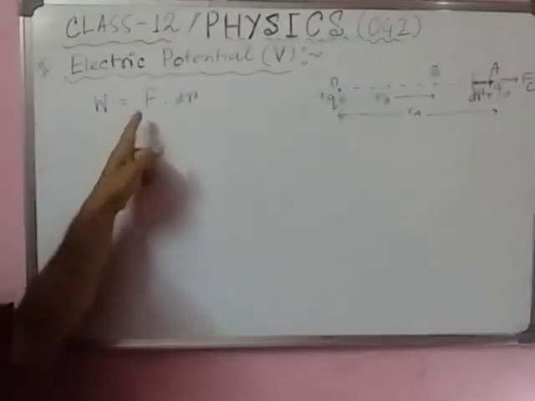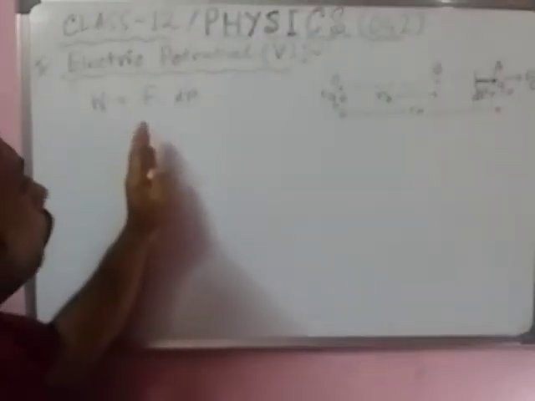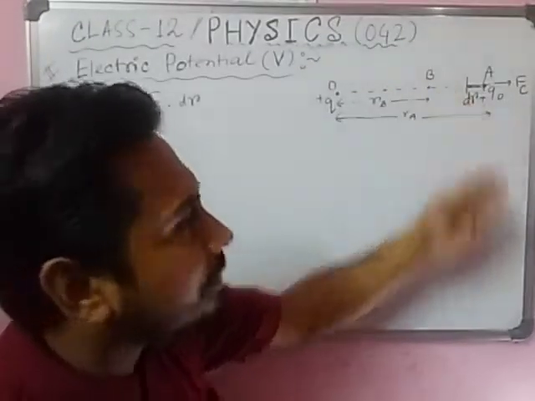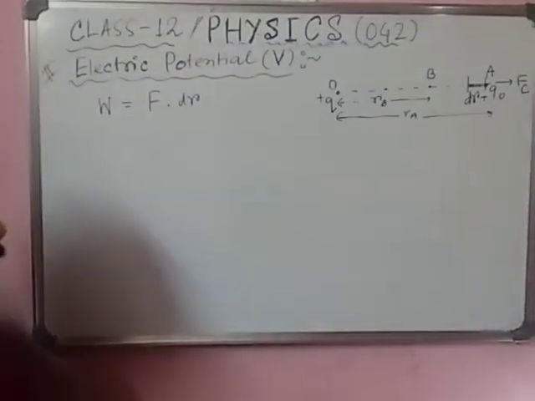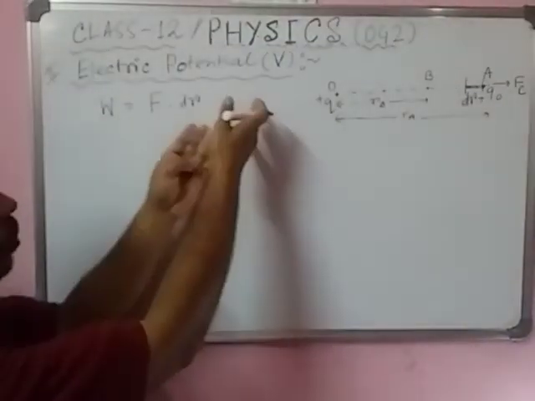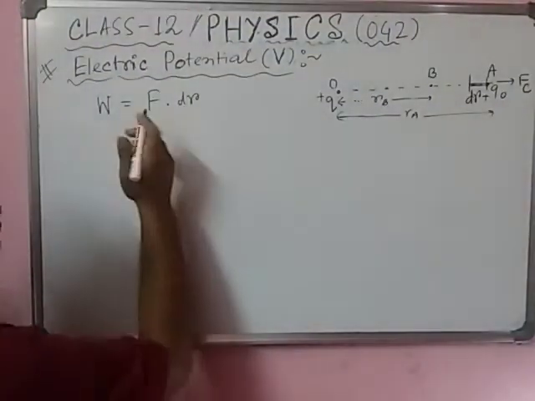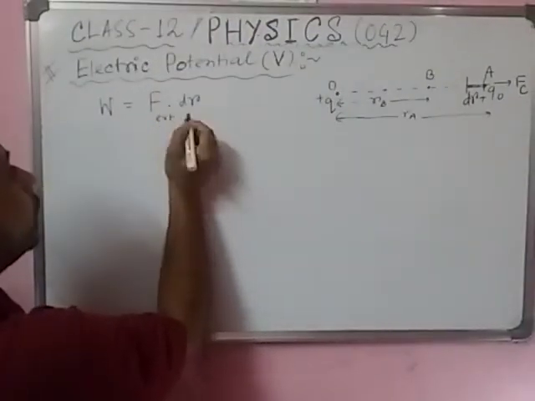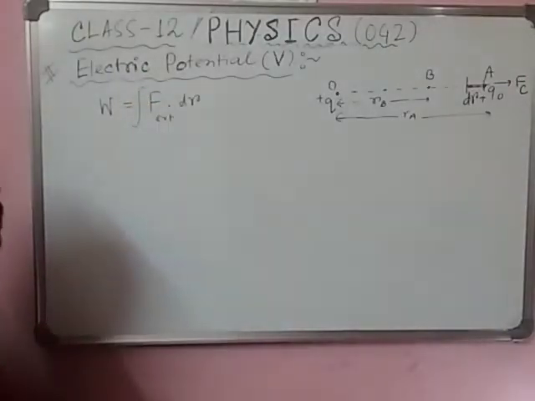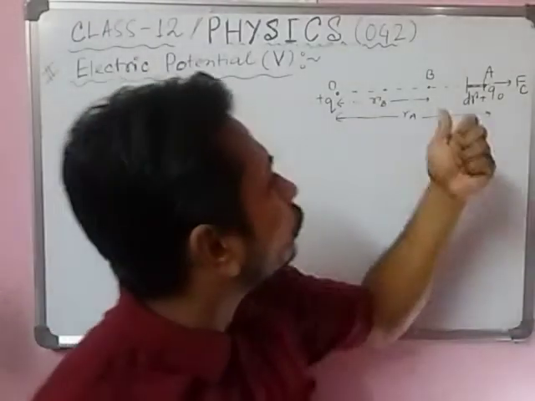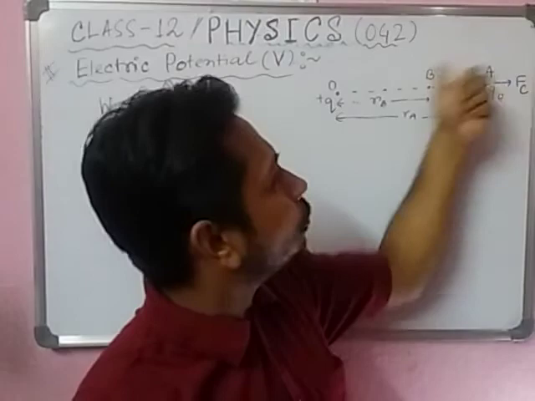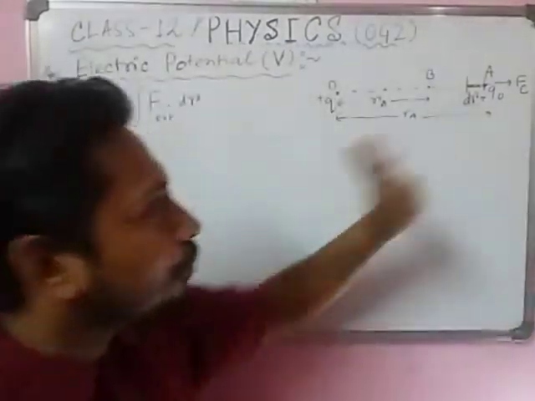This is a vector quantity, F and dr. We take the same direction, so you can ignore the direction. You only write F dot dr, because cos 0, same direction, means cos 0, so you can ignore it. Now you can write F external, because you need to provide an external force to transfer this charge from A point to B point. Am I right, students? Up to this no problem.